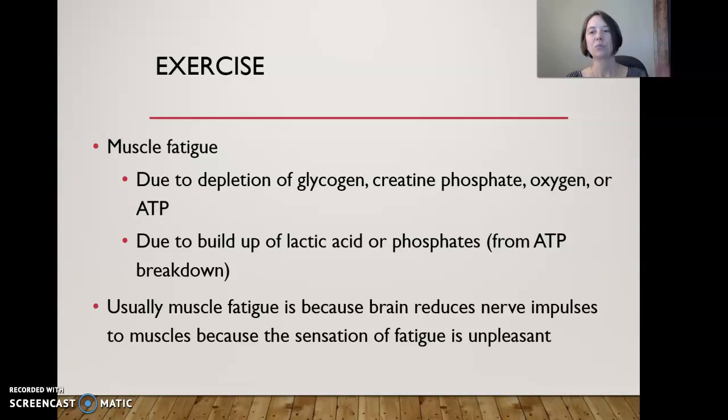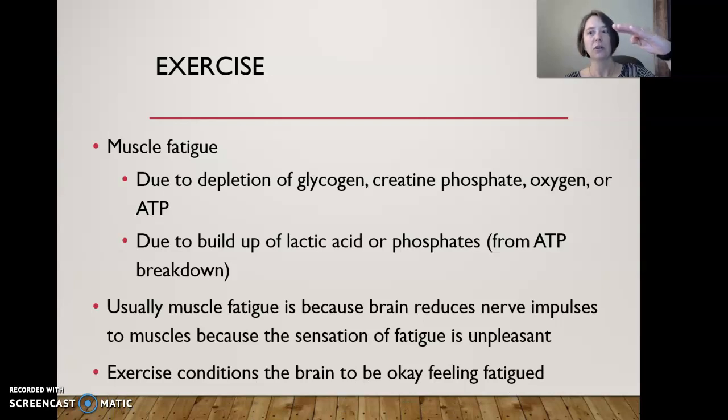So it says, we're just going to take it down a notch here. And basically when you exercise, the main thing you're doing is conditioning the brain to be okay feeling fatigued. You say, yep, we've done this before, we're not dying, we're okay. We can go back to a 10, we can handle that. And that's a lot of why you can exercise more after you have been doing it.